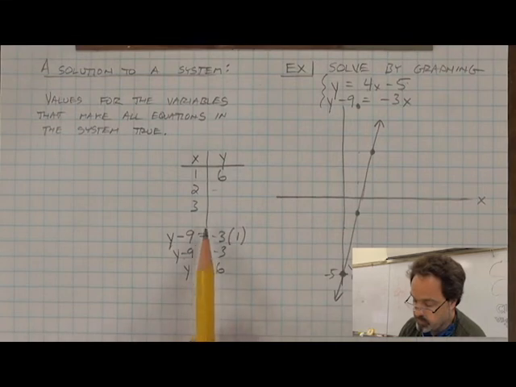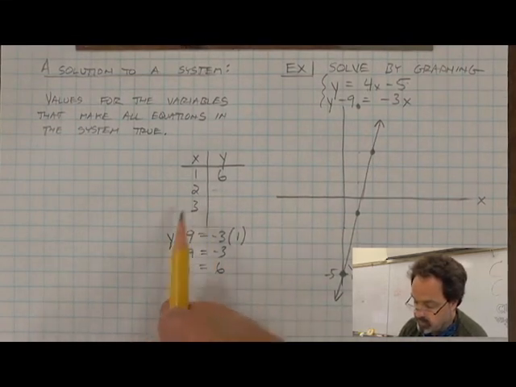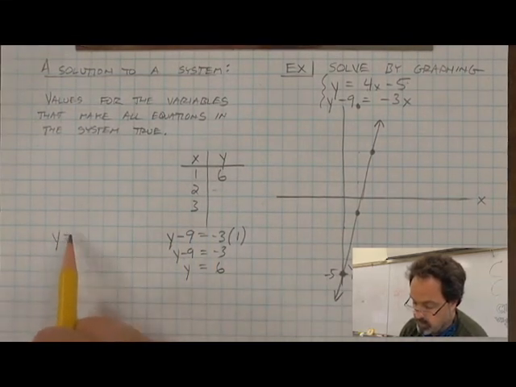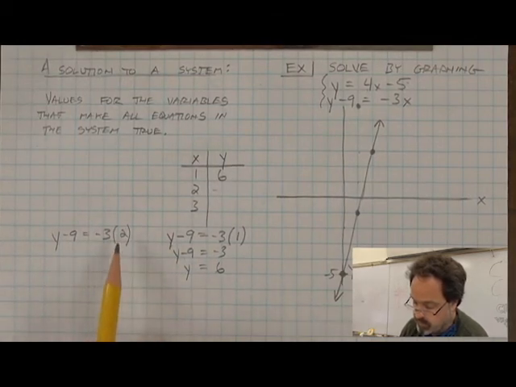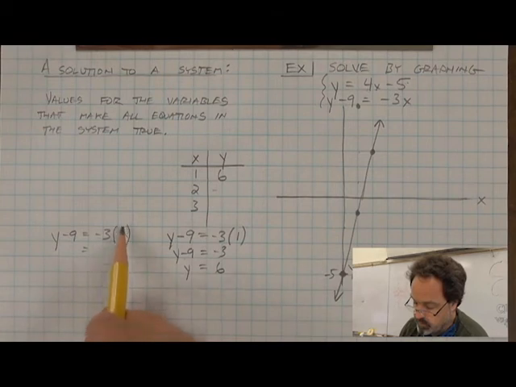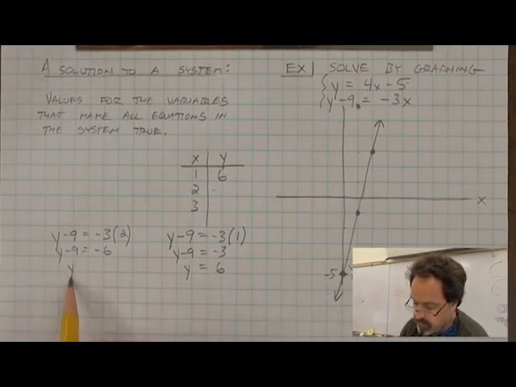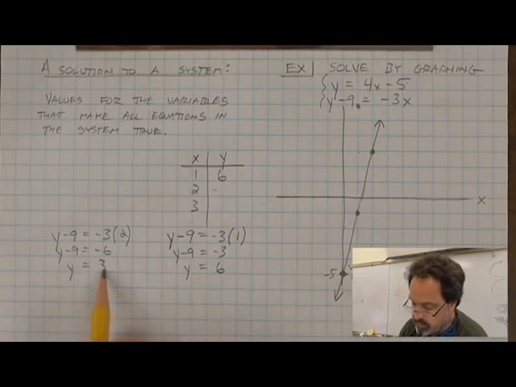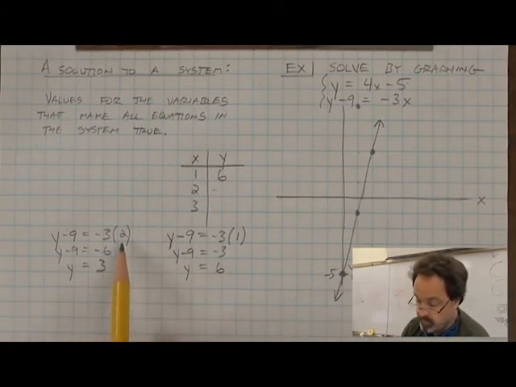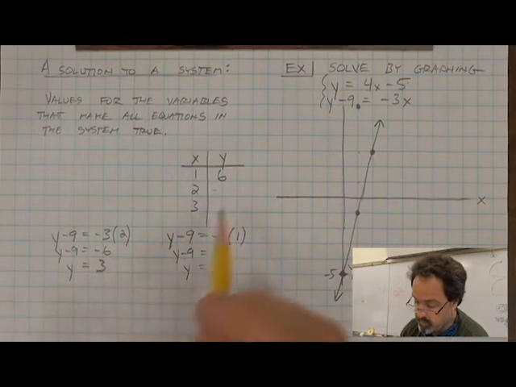I'm going to do side work when x is equal to 2, rewriting the equation, choosing x to be 2. Quick calculation. Now I have to add 9 to both sides. Negative 6 plus 9 is 3. So when x is equal to 2, y is equal to 3.